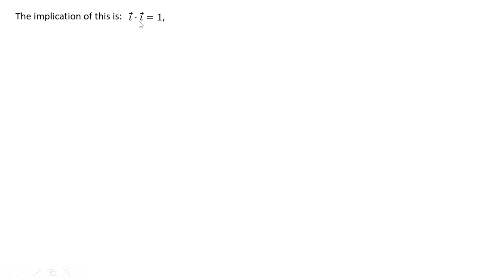So 1 times 1 times cosine of the angle between them. Well, the cosine of the angle between the same vectors is cosine 0, so this is just 1. Similarly, j dot j is equal to 1, k dot k is equal to 1. And not only that, i dot j is equal to j dot i. Dot product is commutative, and that is equal to 0.